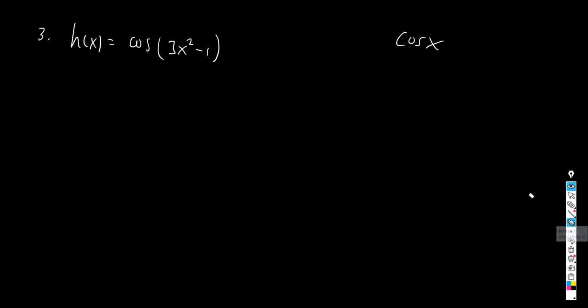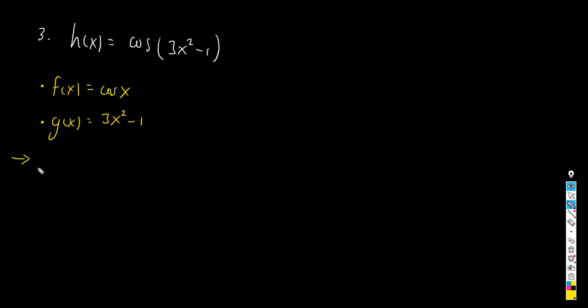So I may want to put h as a composition of functions. I'm going to use f of x equals cosine of x, and g of x equals this internal function 3x squared minus 1. If I define f and g in this way, then I can write h as a composition of functions.